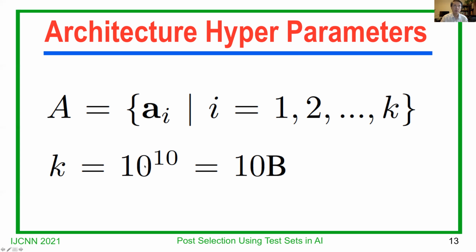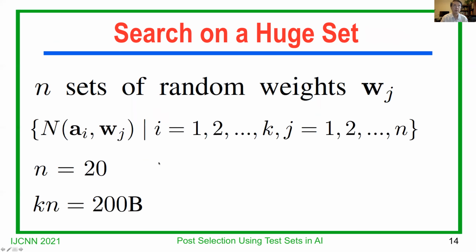Then how many networks do you need to define? That's 10 to the 10, that's 10 billion. Another is the learning seeds. For each system of hyperparameters, you have a weight W_j, where j learns from 1 to N, and i from 1 to K. Then for N equal to 20, KN becomes 200 billion. So you search over a huge set.